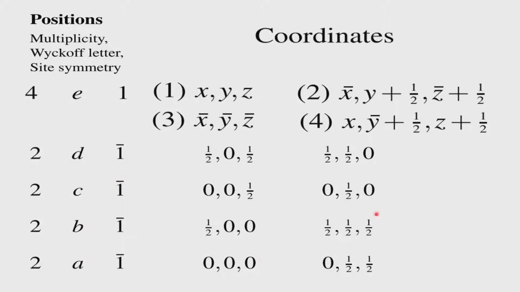If all of them were similar, then Wyckoff notation would have been A and all the 8 would have been grouped under this. But that is not the case, because the way in which these 4 equivalent points operate decides what are all the special positions. And therefore, we get 4 special positions, and these 4 special positions have a multiplicity of 2, and therefore, these are independent special positions.